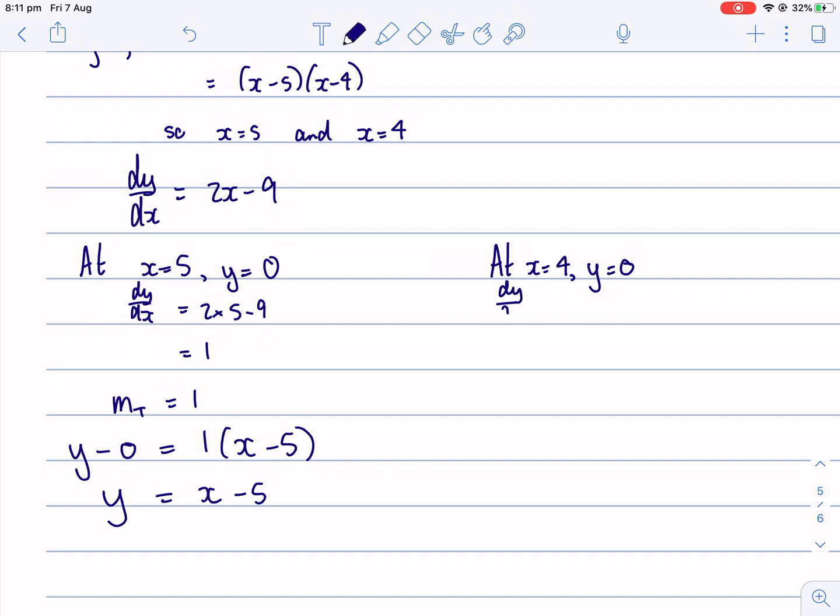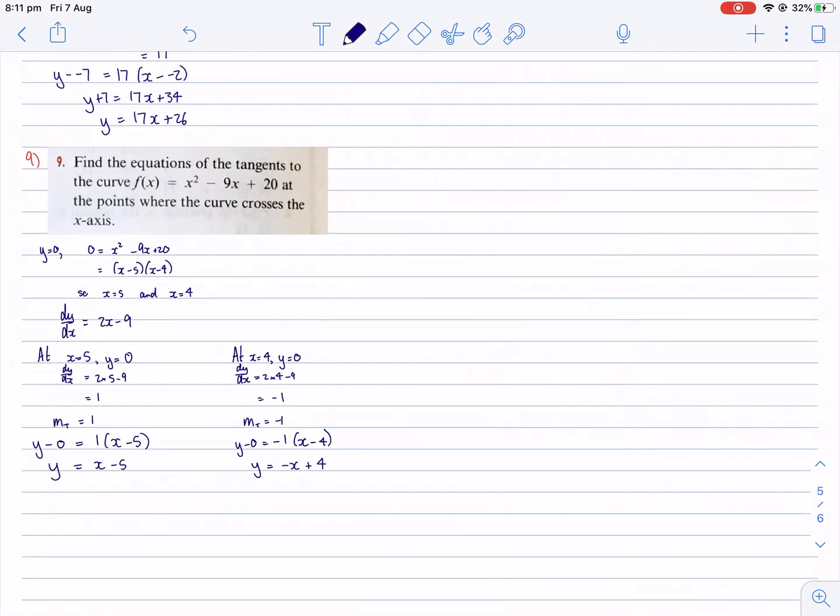Here, dy/dx equals 2 times 4 take 9, which is negative 1. So the gradient of the tangent equals negative 1. y minus 0 equals negative 1 outside of (x minus 4). So y equals negative x plus 4. That's it. Question 9 was nice and easy.